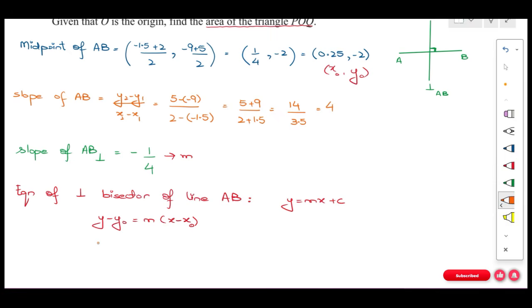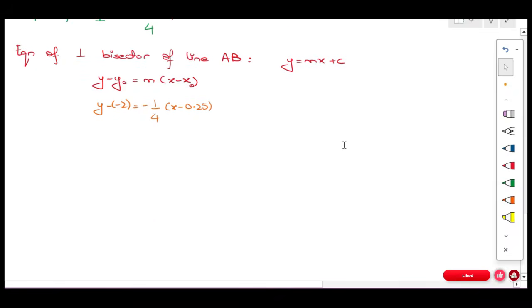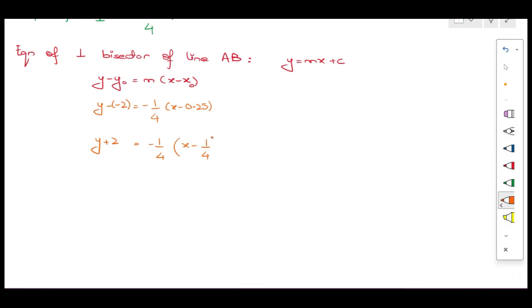All right, so here y minus y naught, y naught is negative 2, m is minus 1 by 4 into x minus x naught, which is 0.25. Okay, let me simplify this. So this is y plus 2 equals minus 1 by 4 into x minus 1 by 4.